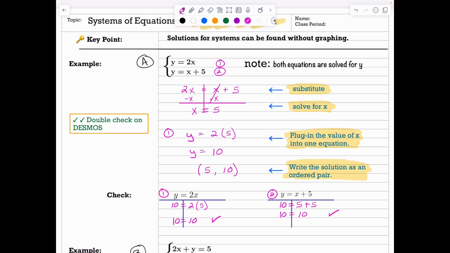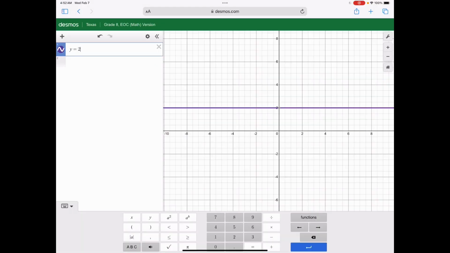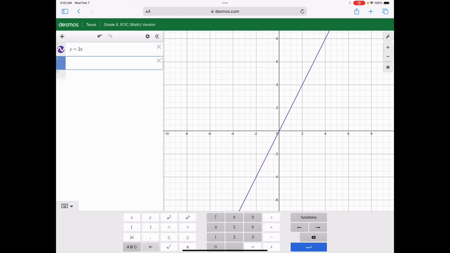Now I'm going to double check using Desmos. Here's my first line, y is equal to 2x. My second line, y is equal to x plus 5. There's my two lines together.